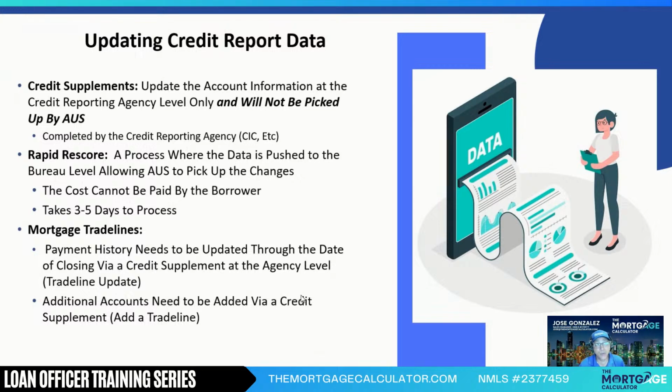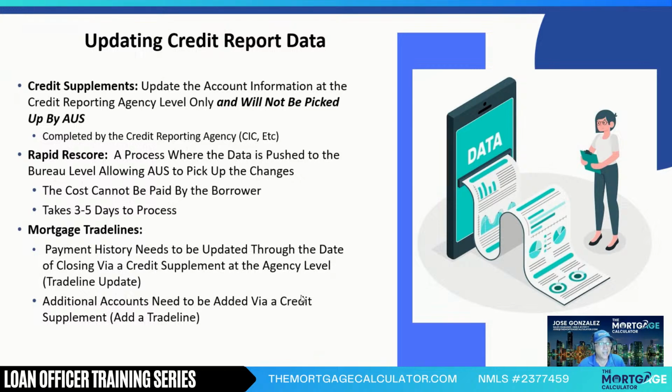So, for example, we use CIC as our credit reporting agency, so we would request CIC to complete a credit supplement. When they complete a credit supplement, they call the account, whoever it may be. In this case, maybe it's a credit supplement to update the payment history on a mortgage trade line through the date of closing, which is a very common requirement.